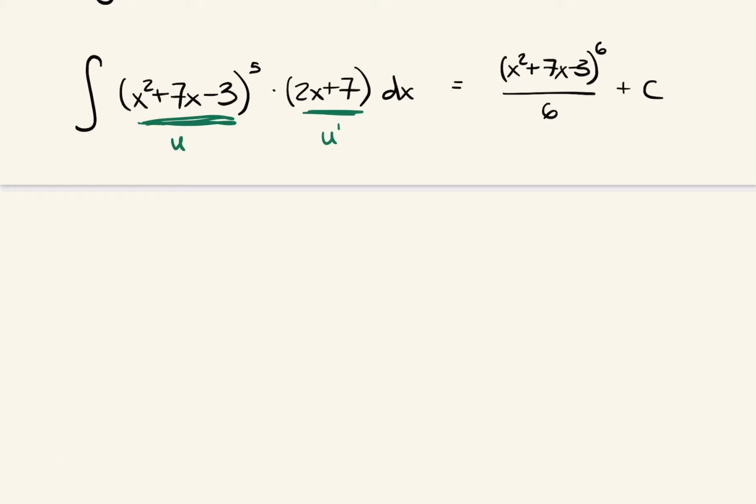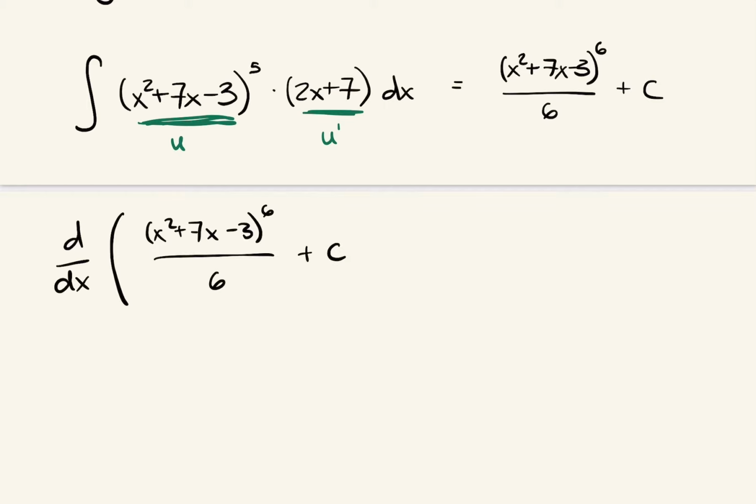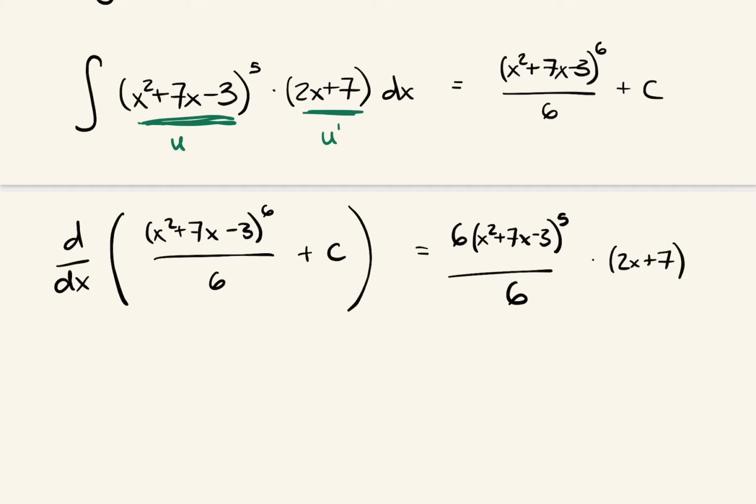So, reversing the process, if we were to take the derivative of this function, x squared plus 7x minus 3 to the 6th over 6 plus c, we would get 6 times x squared plus 7x minus 3 to the 5th over 6. And then we would multiply by the derivative of the interior function, 2x plus 7.